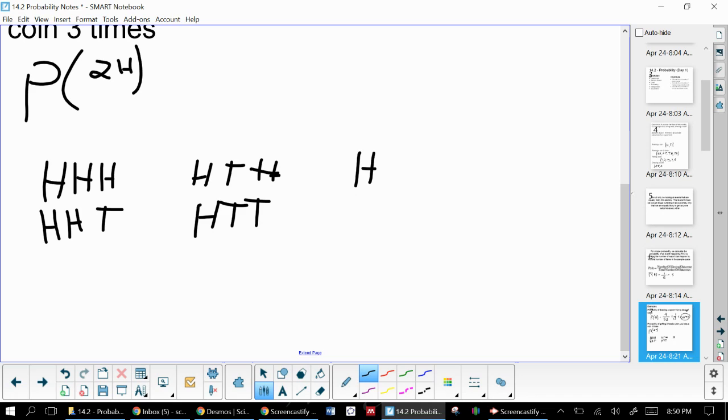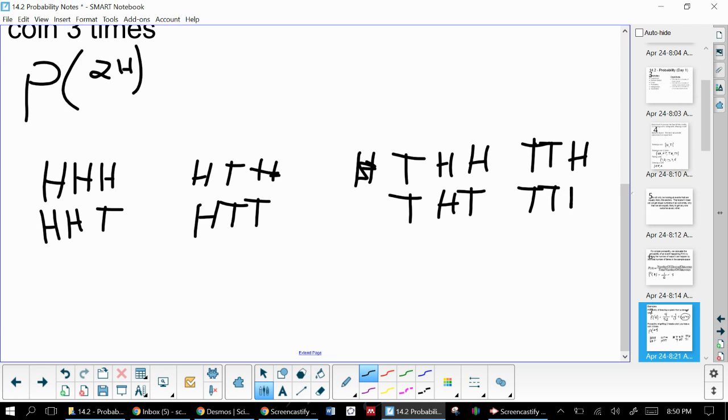Then we've got tails, heads, heads, tails, heads, tails, and then finally tails, tails, heads, and tails, tails, tails. So those are our 8 possibilities.